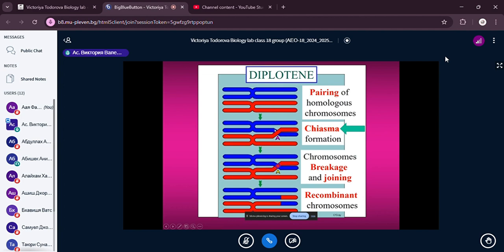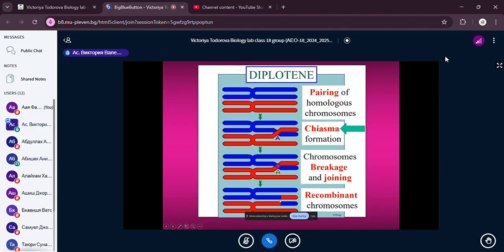Here, chiasma. Chiasma comes from the Greek letter chi. And these are the places where the crossing over is completed.